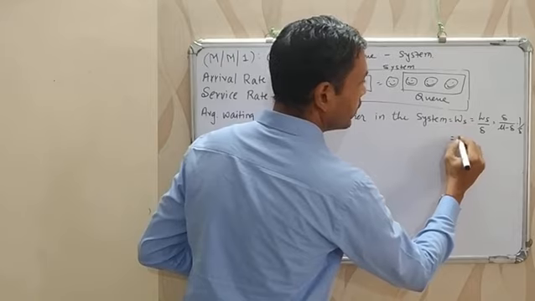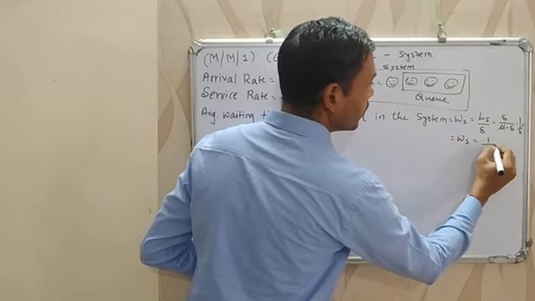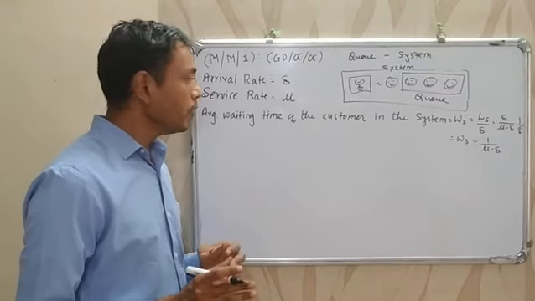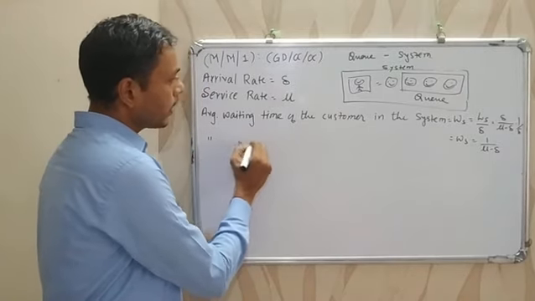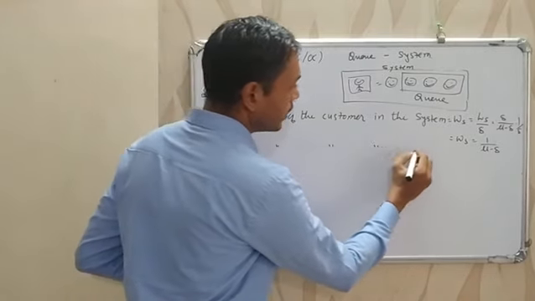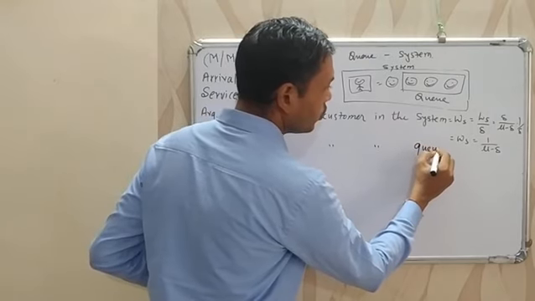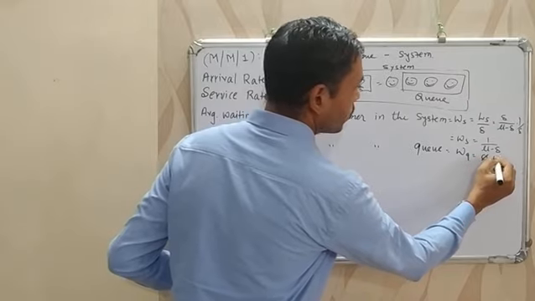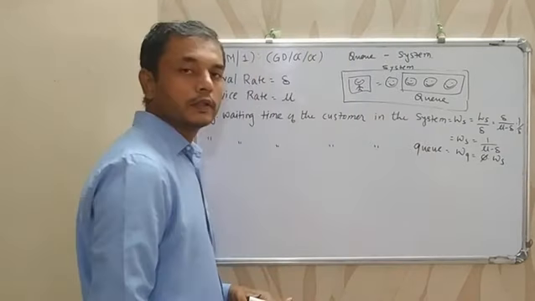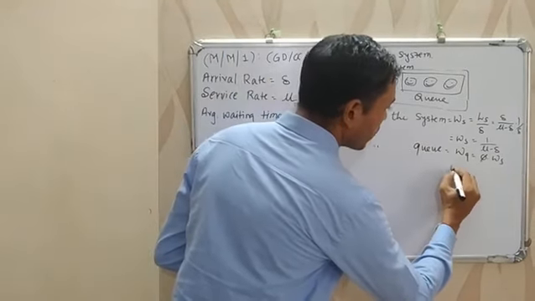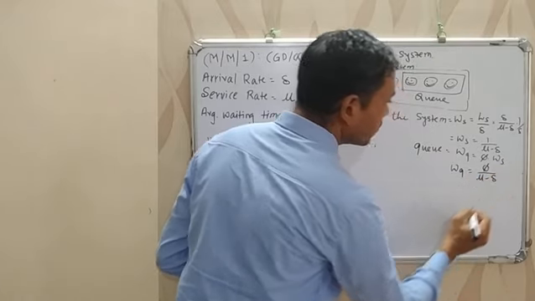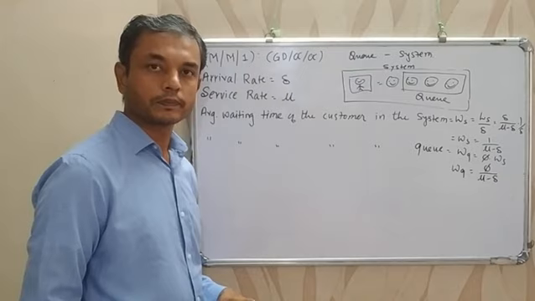So WS is equal to 1 divided by mu minus delta. Now let's see average waiting time of the customer in the queue, that is known as WQ. That is pi into WS. So WQ is equal to pi divided by mu minus delta.